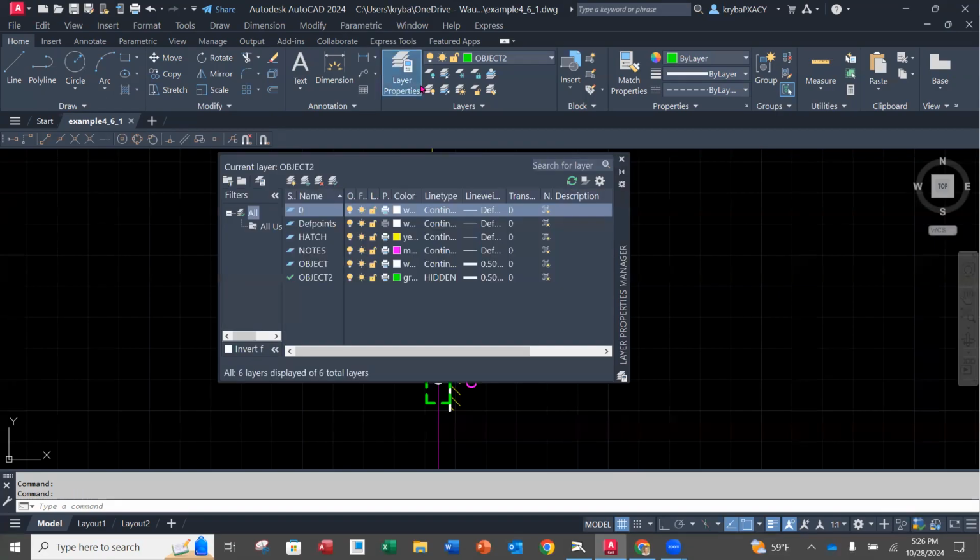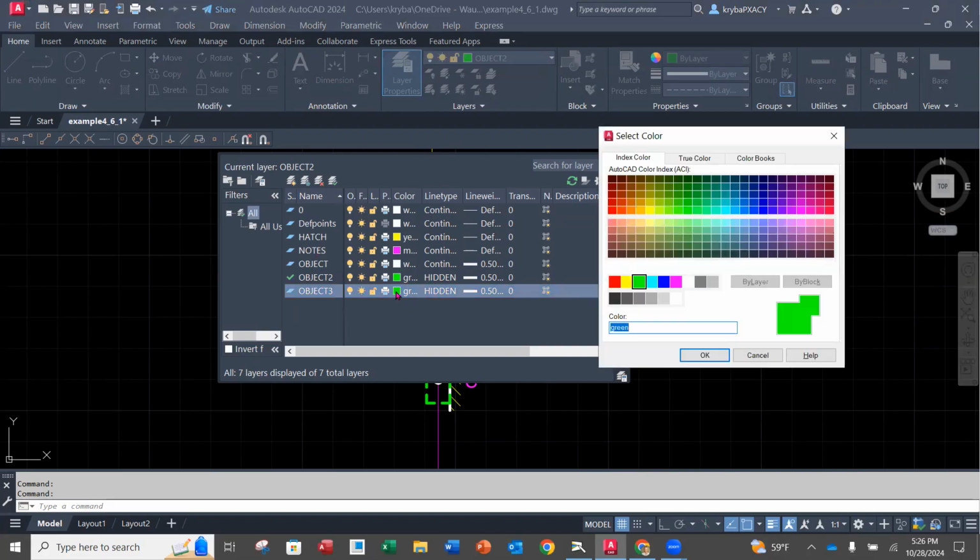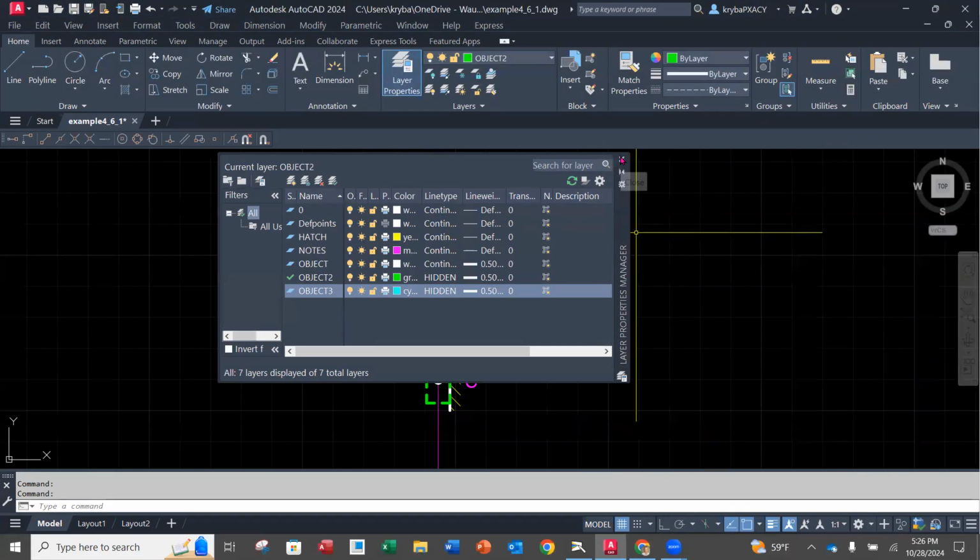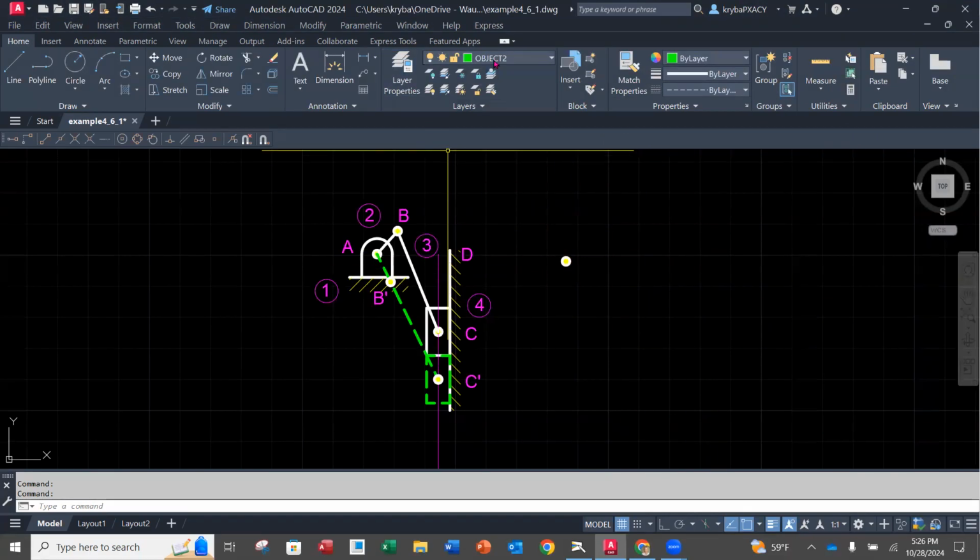And then I'm going to go to my layers and I'm going to add an object 3. And I'm going to change the color. I'm going to keep the line type and the line weight the same, but I'm going to change the color to cyan. And now I've got a new layer.